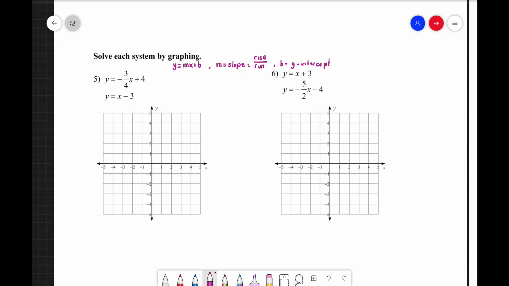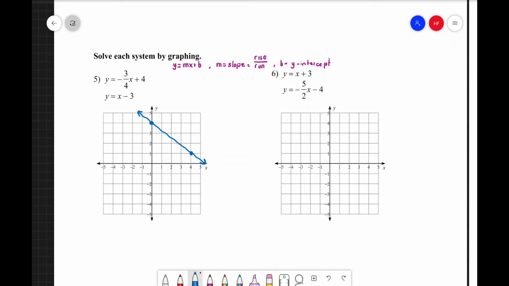So on this first equation, y equals negative 3/4 x plus 4, I have my plus 4 as my y-intercept, and then negative 3 over 4. So I'm going to go down 3 over 4. So my line looks like this.